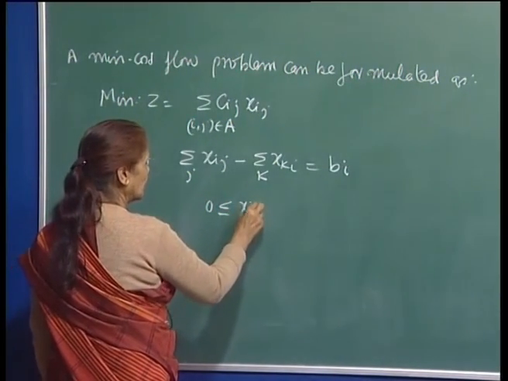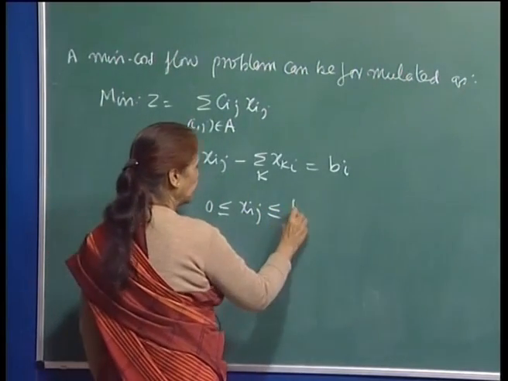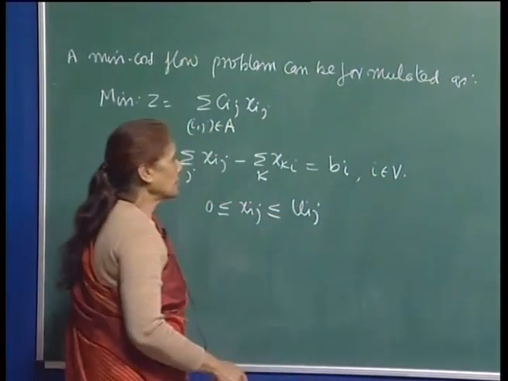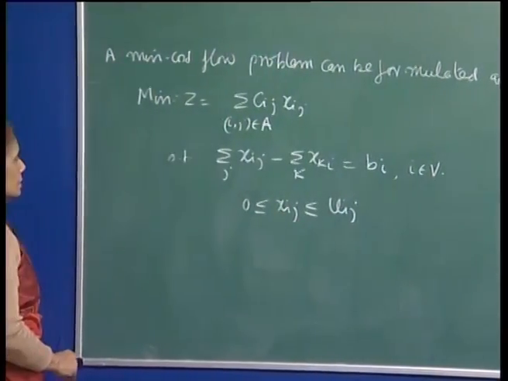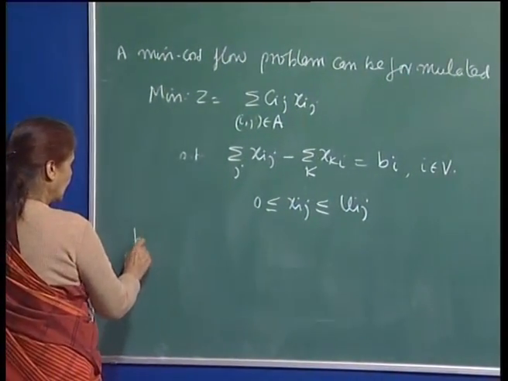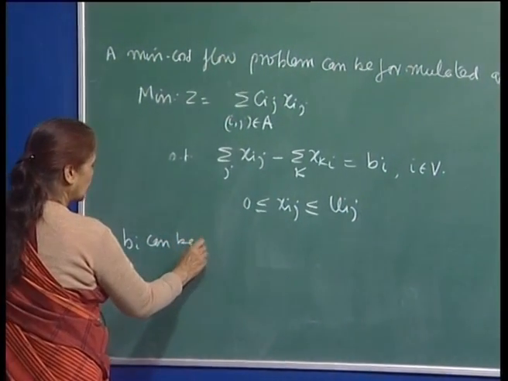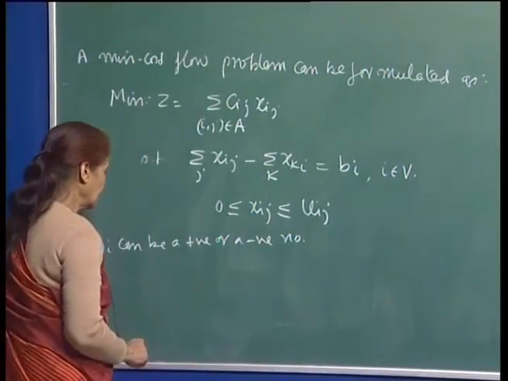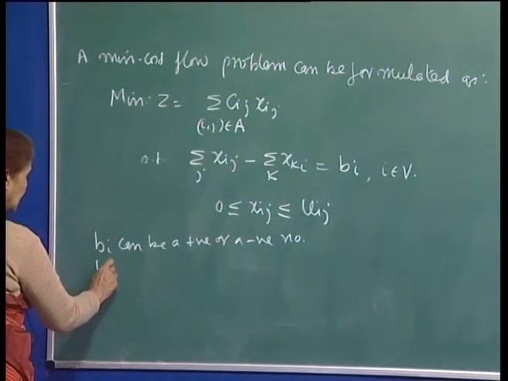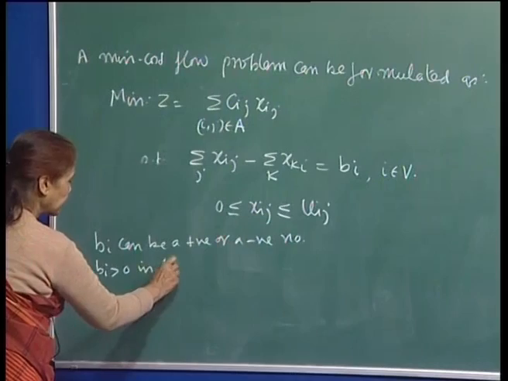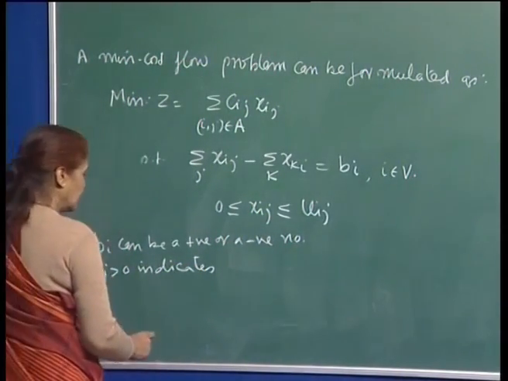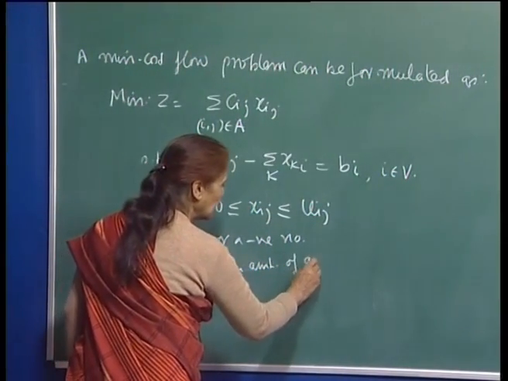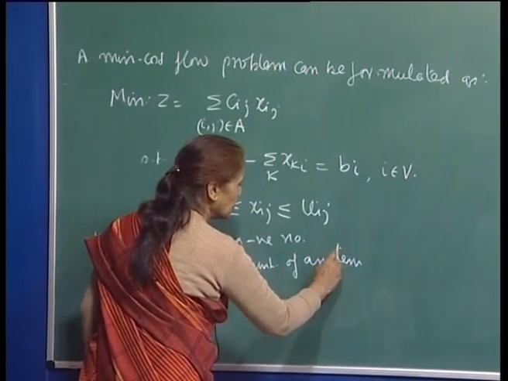So, let me write this as less than or equal to uij, and here let me say that this is for each node, so i belonging to V. Let me specify the things. bi can be a positive or a negative number, and bi greater than 0 indicates the amount of a commodity, an item, available.